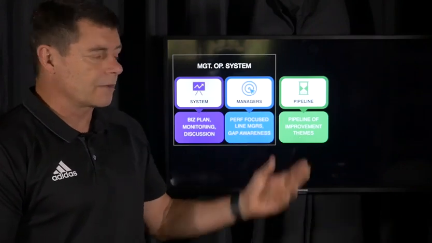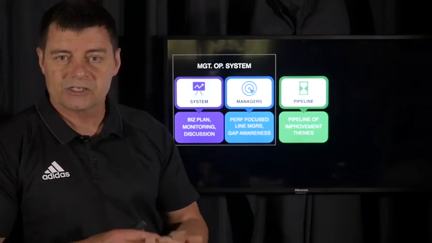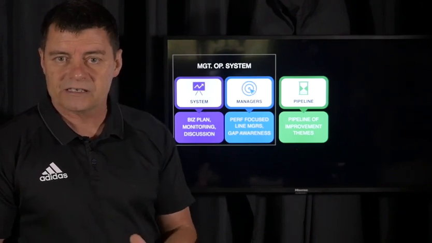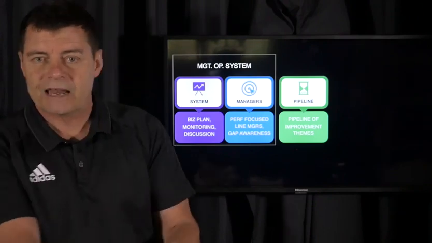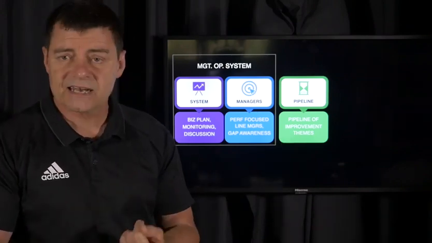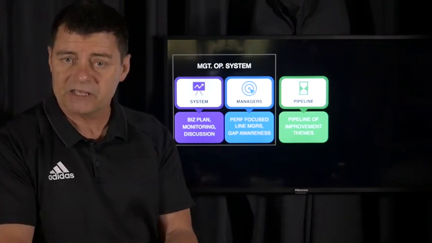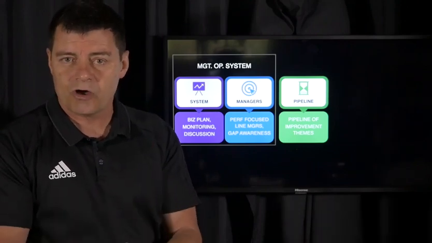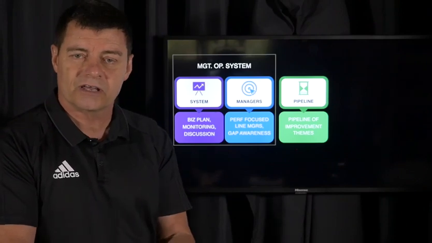Now, the reason I talk about improvement themes rather than projects is the pipeline should be a very clear understanding of what it is that, if we affected it, would add value to the organization. And that would come from a decent understanding of the value stream itself, mapping the value stream, analyzing it, and also understanding the drivers of revenue and cost in the organization.